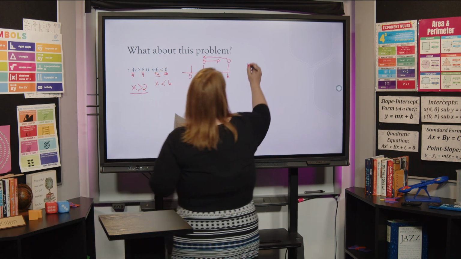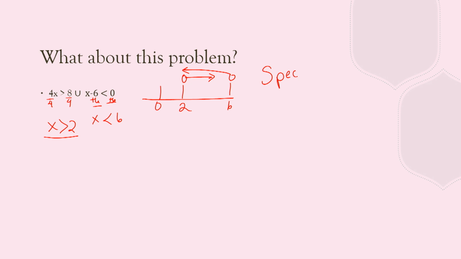All right, so this is going to be one of those special cases. You know, in math, you always have to have the special cases. All right, so we're going to say that this could be all real numbers. Because in this, for instance, it can equal 2. In this, for instance, it can be 6.